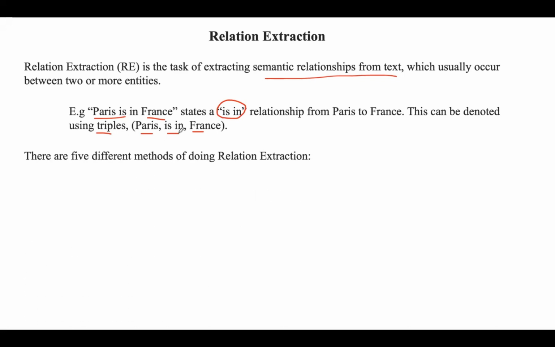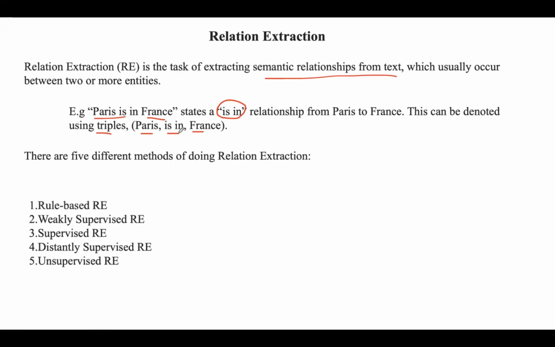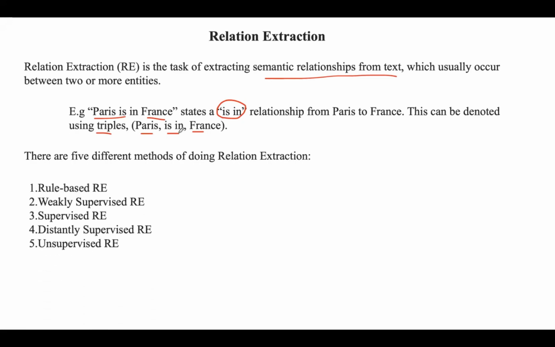There are 5 different methods to perform relation extraction. The first is rule based, second is weakly supervised, then supervised, distantly supervised, and unsupervised relation extraction. We'll see them one by one in this lecture.